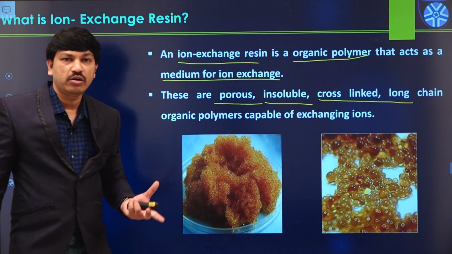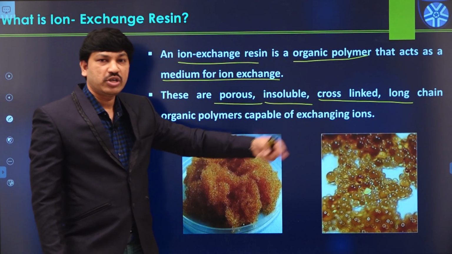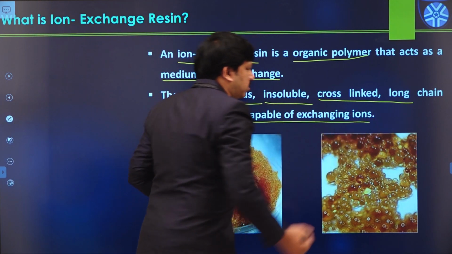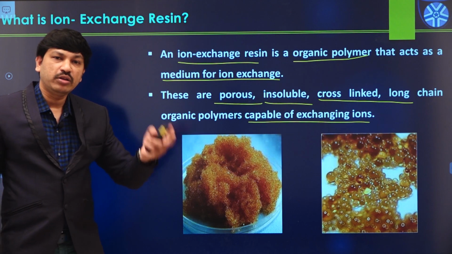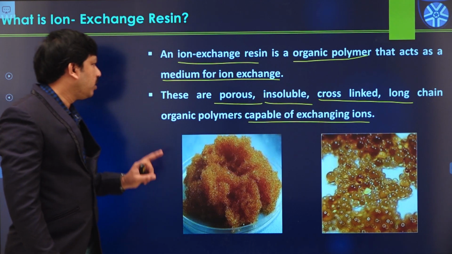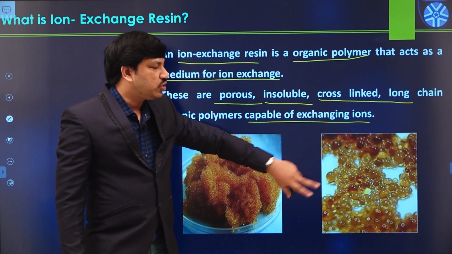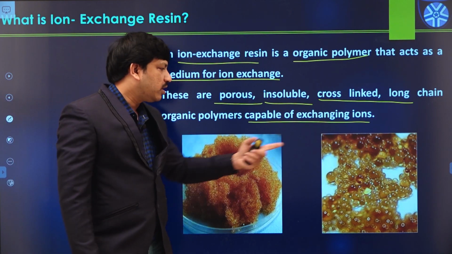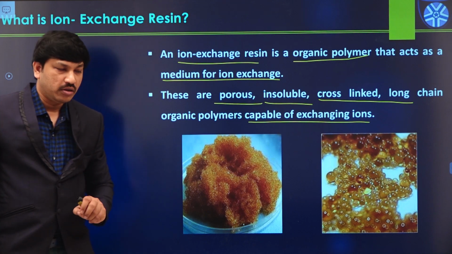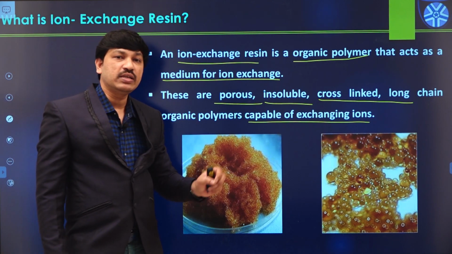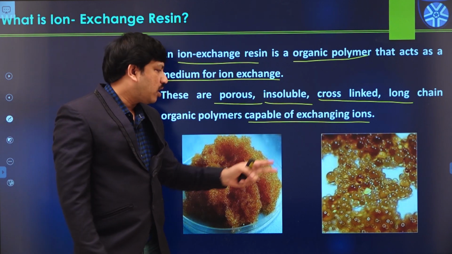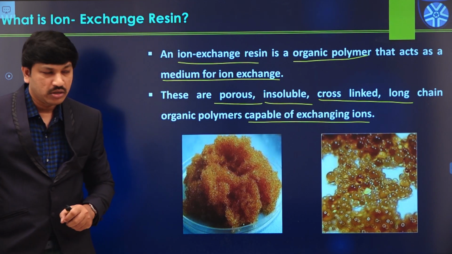They are long chain polymers with cross-links, capable of exchanging ions available on the resin and in the solution. So in this method we are using two different ion exchange resins: one is known as the cation exchange resin, the other one is known as the anion exchange resin. But the question is how to synthesize these two resins, how to generate the cation exchange resin and the anion exchange resin. So that we will see.